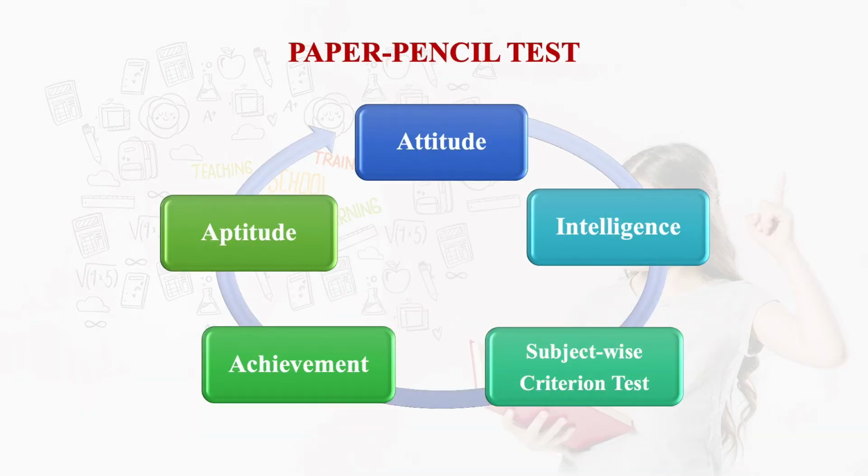Then further, so far as paper pencil test is concerned, we can say that these are certain tests that can be done by using paper and pencil: attitude, intelligence, subject wise criterion test, then achievement and aptitude. So now try to understand the specific use of paper pencil test and oral test.